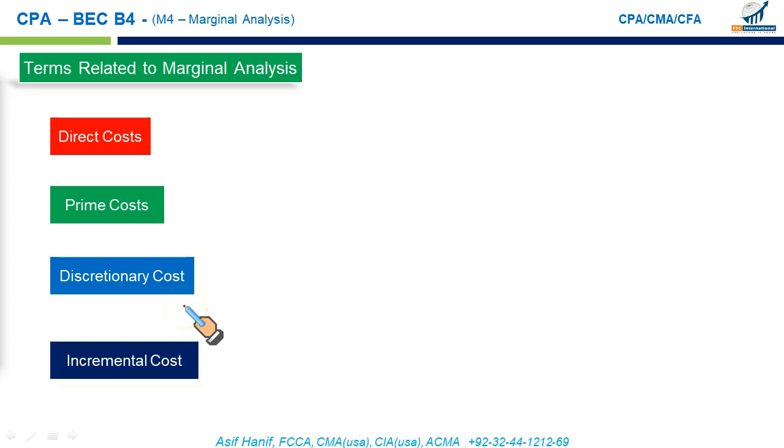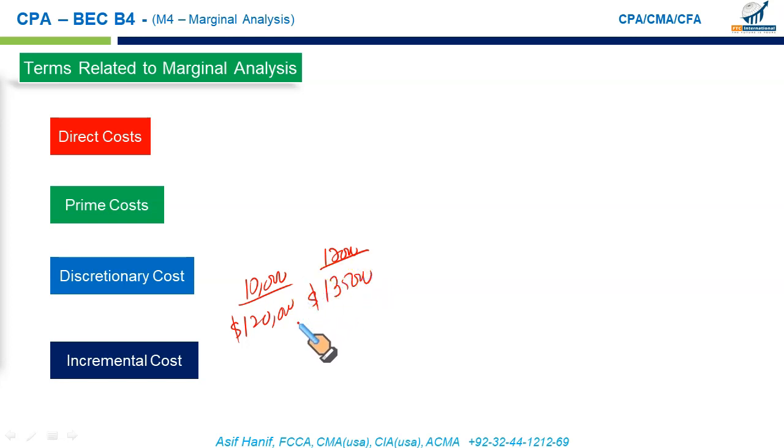Then we have incremental cost. Incremental cost is also known as differential cost, also called marginal cost. Sometimes it is called the outlay cost or out-of-pocket cost. Let me explain with the help of an example. Let's say you produce 10,000 units. And for these 10,000 units, the total cost incurred is $120,000. And let's say if you increase your production to 12,000 units, your total cost goes up to $135,000.